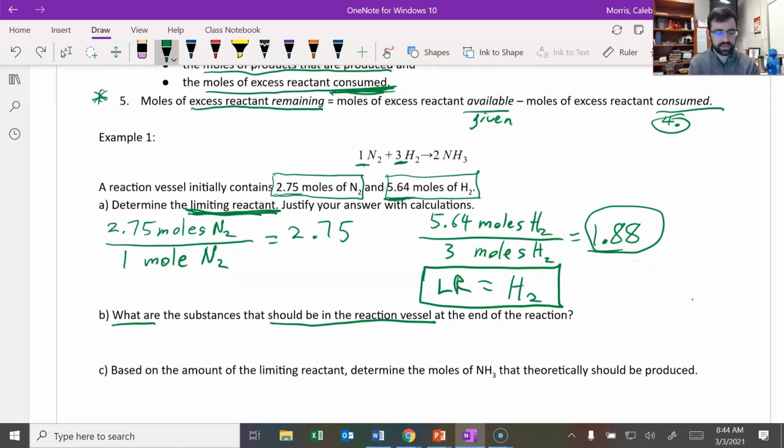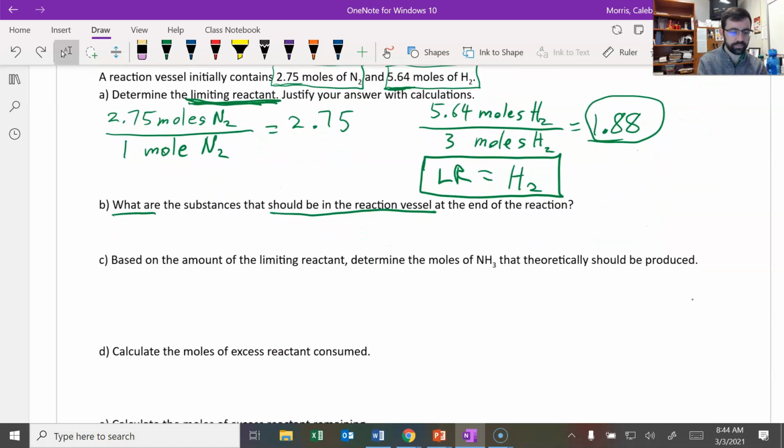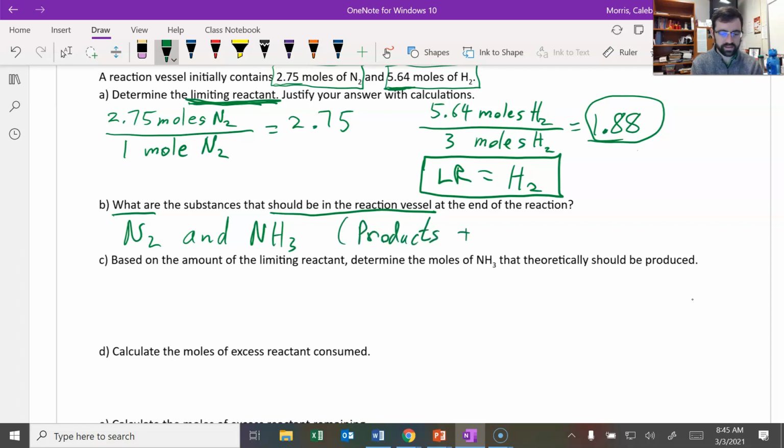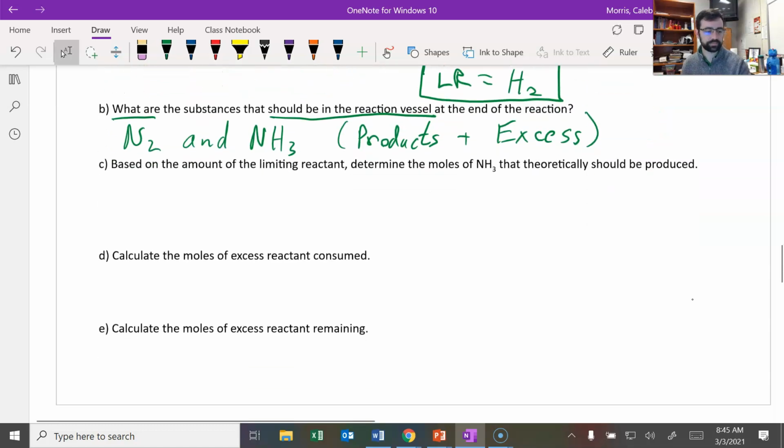So what should be in the reaction vessel at the end of the reaction is N2 and NH3. Products and excess. That's just the general rule. The products and the excess reactants. So N2 was the excess, and then NH3 was the product.